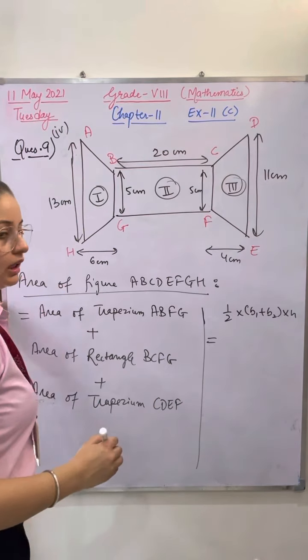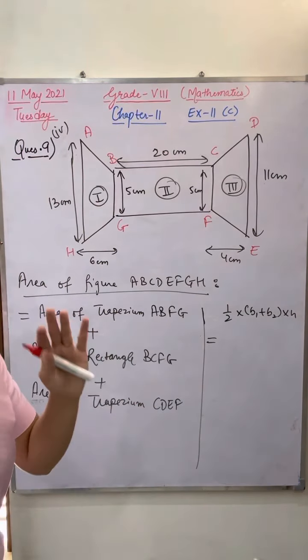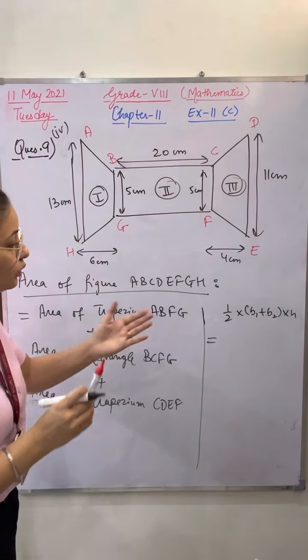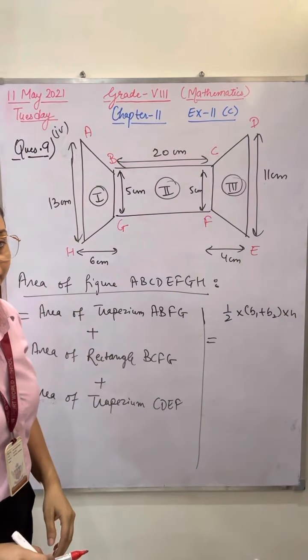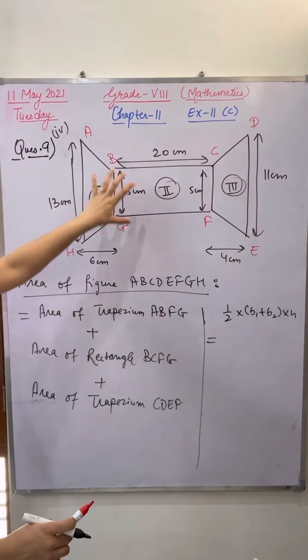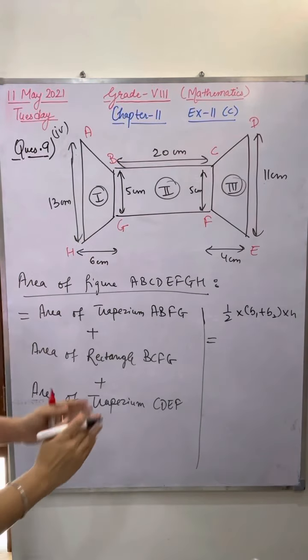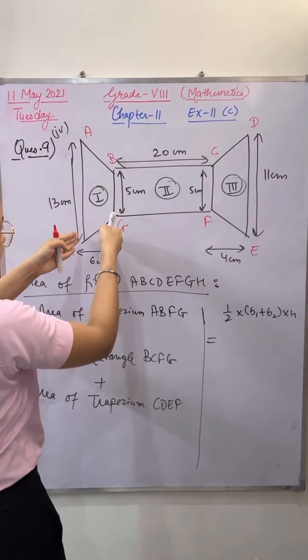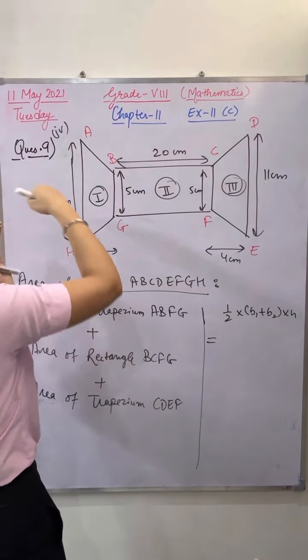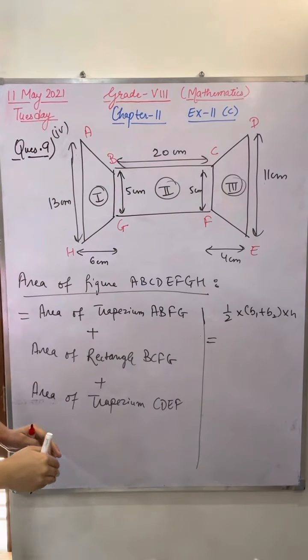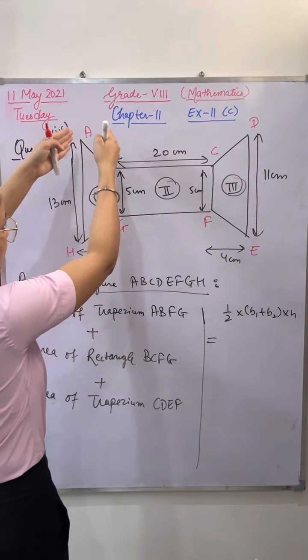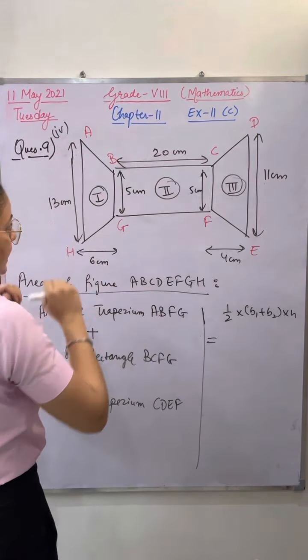First of all, I want to tell you that some students don't know how to take out B1, B2. This is a shape, trapezium. How can I take this as B1? B1, B2 are the parallel sides. Either it is given in this way or in this way. These two are the parallel sides.